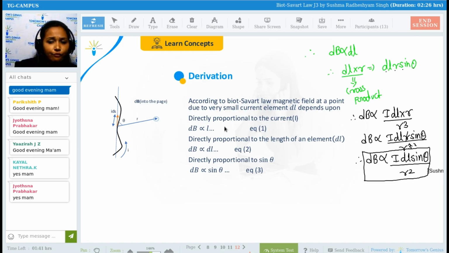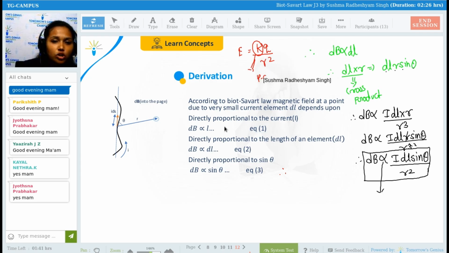We know that in every law there is always a proportionality constant. So to remove the proportionality, we use some constant, and this constant is defined like your electric field, you know K is equal to Q by R square. So this K is called the proportionality constant.